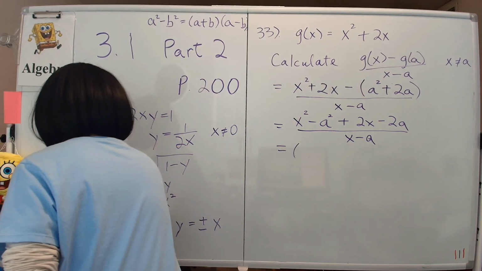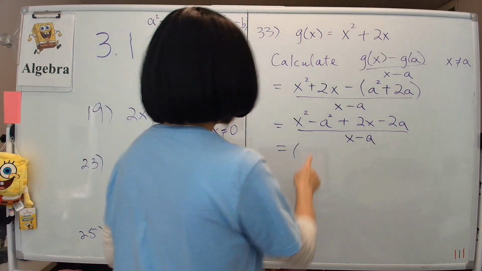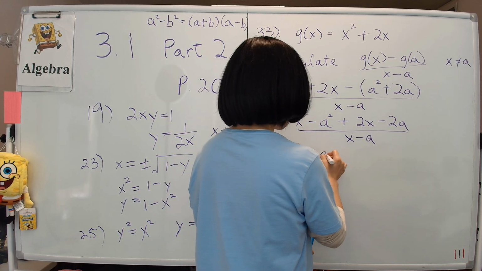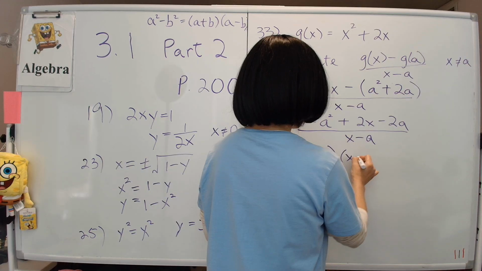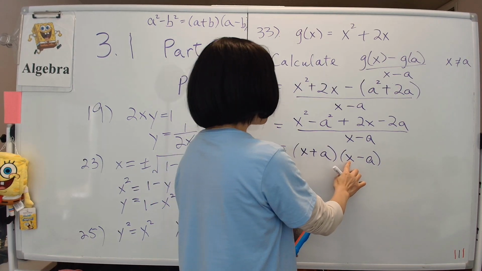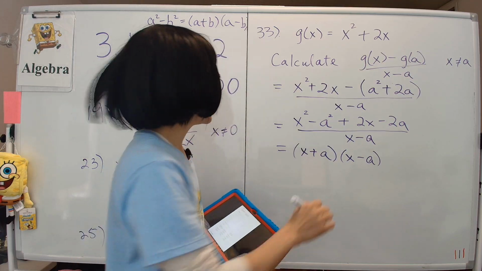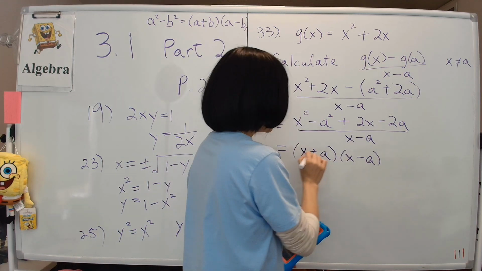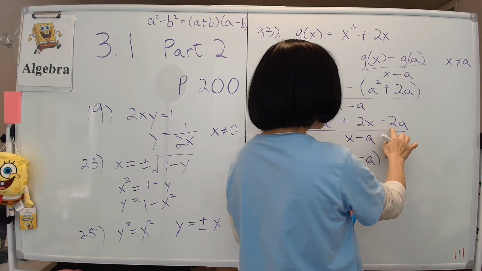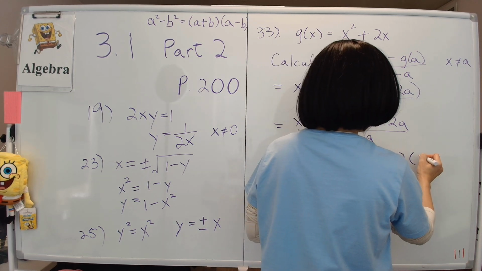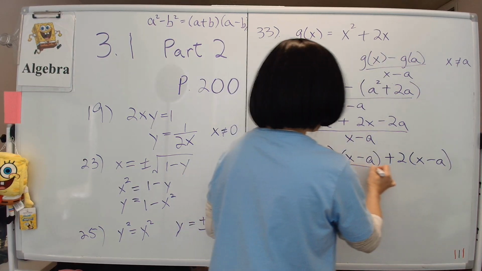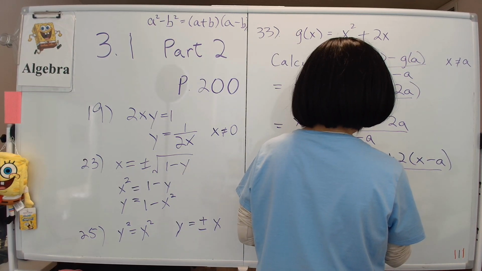The point is, it equals the first item plus the second item, times the first item minus the second item. So that's what that formula says. And then continuing, in this part, we're going to factor out the 2, which then leaves x minus a. The whole thing will be divided by x minus a.